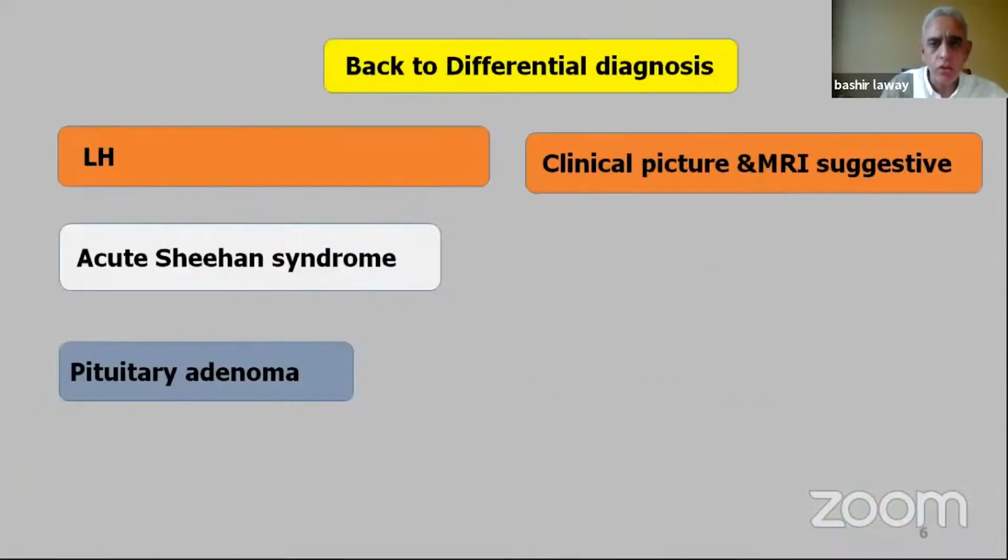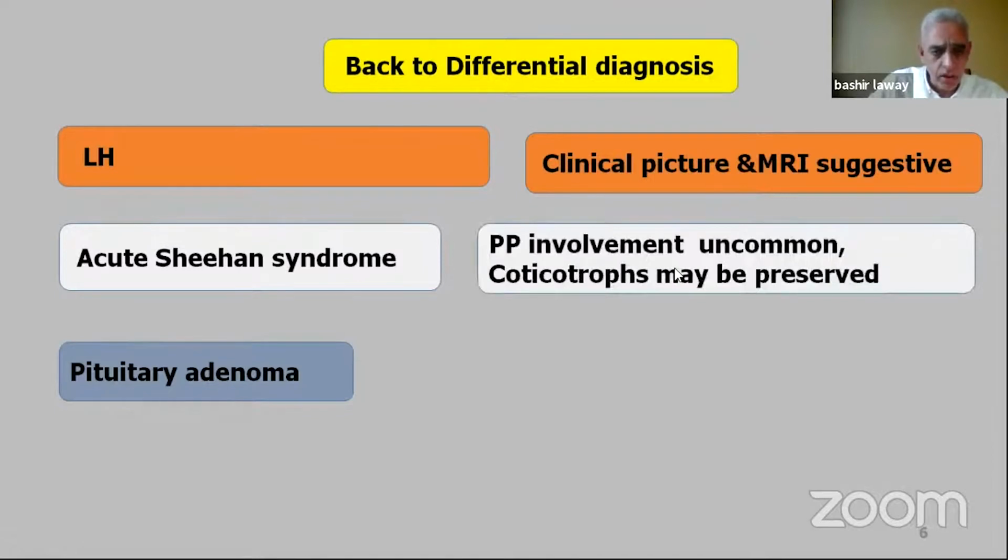If we now go back to the differential diagnosis, we had initially made possibilities of pituitary adenoma, lymphocytic hypophysitis, and acute Sheehan. But now, after these investigations, things will reverse. Lymphocytic hypophysitis would come first, in view of the clinical picture and MRI.